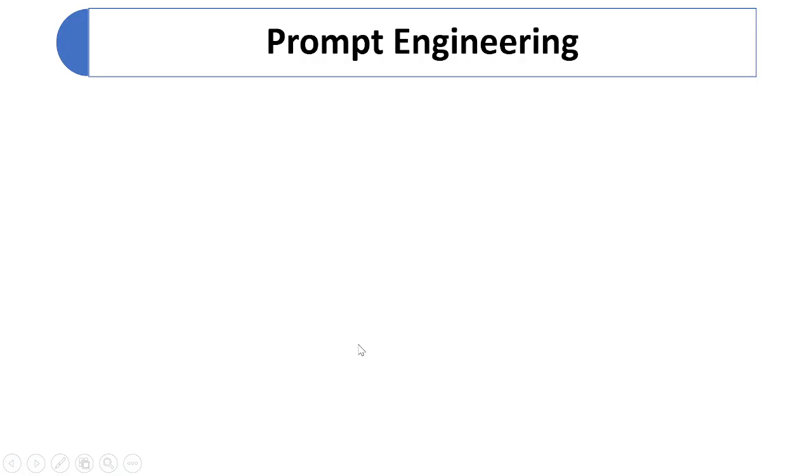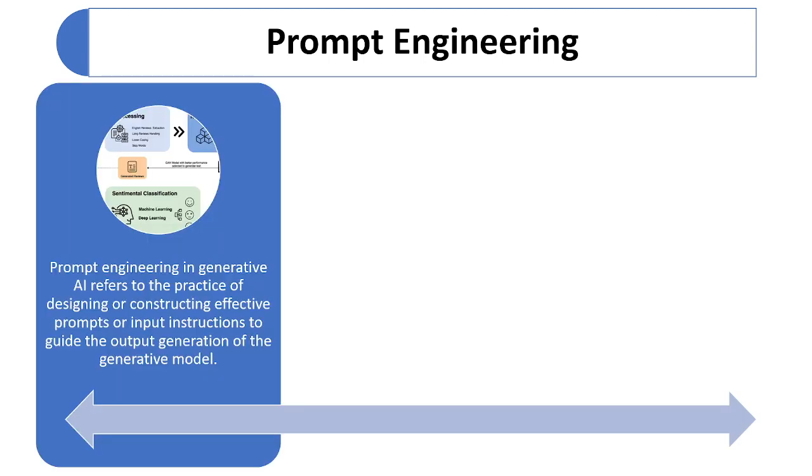So let's discuss what is prompt engineering. Prompt engineering in generative AI refers to the practice of designing or constructing effective prompts or input instructions to guide the output generation of the generative model.